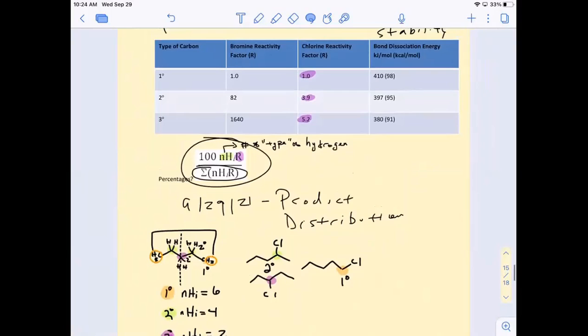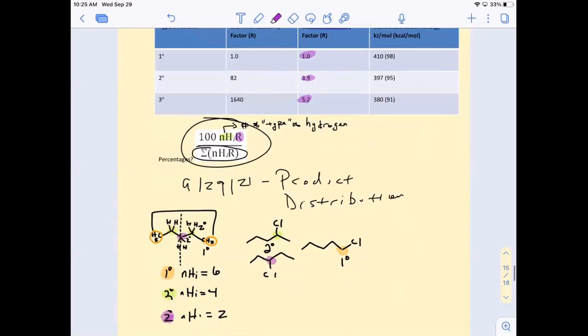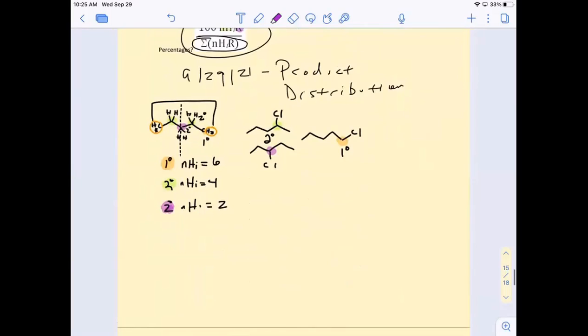Since we're working with chlorine, that's our halogen, the R value is going to be 1 for primary. Secondary is going to be 3.9, and tertiary is going to be 5.2. Let's do the denominator first, because once we do that, we don't have to do it again.